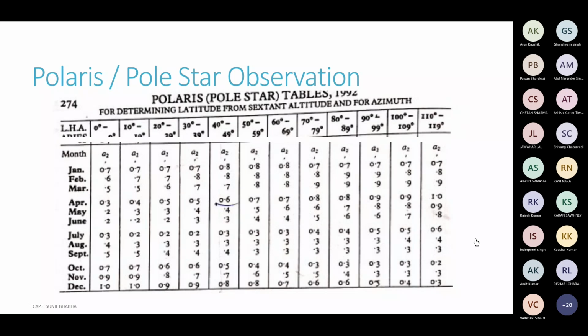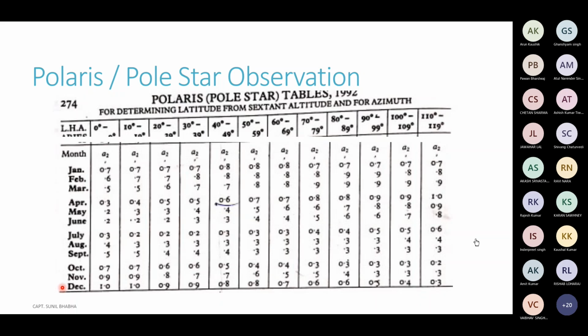If you go still further down, you will see the third part of the table now. The third part of the table gives us A2 correction. And this table is entered with the month of the year. So on the vertical axis on the left hand side, you see the months mentioned, January, February, March to December.